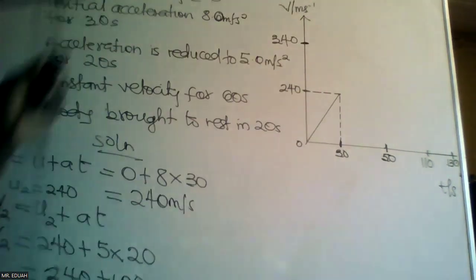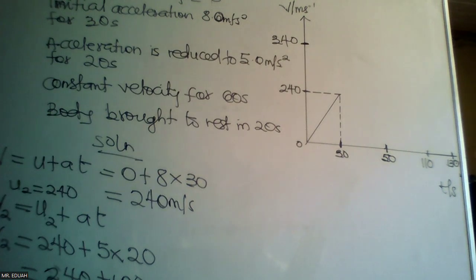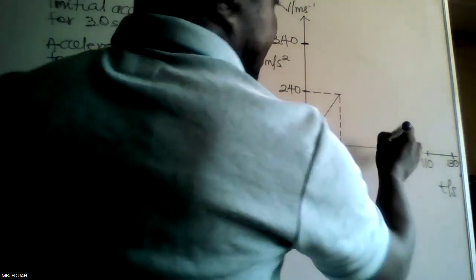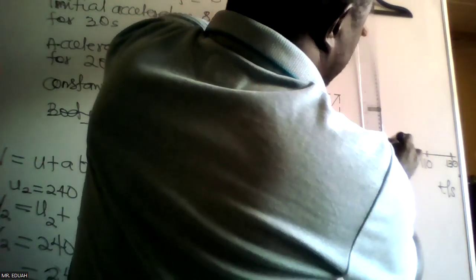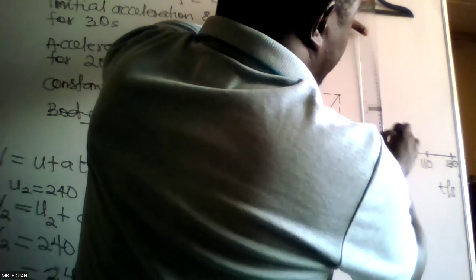So that's the first part of the motion. Then the acceleration is reduced to 5 meters per second squared for this second part. So this has to do with a drop in the gradient or slope of the second part of the motion.